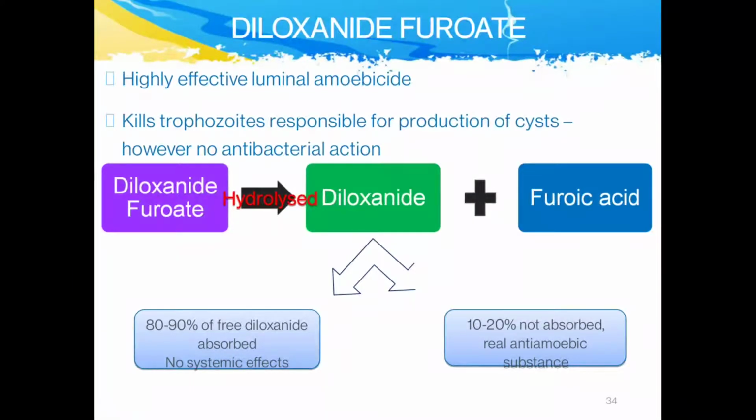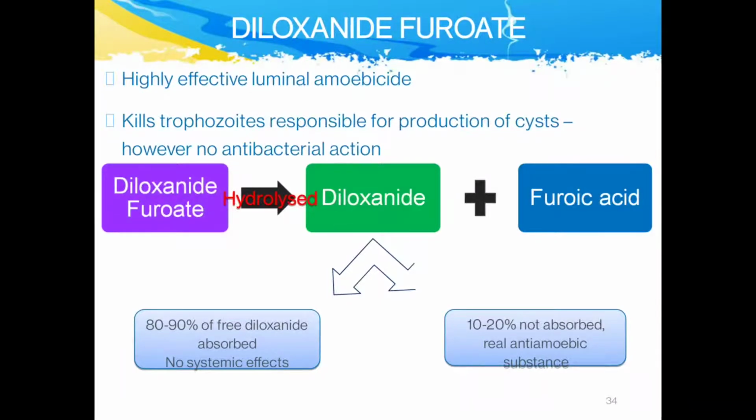Diloxanide furoate is a highly effective luminal amoebicide. It kills trophozoites responsible for production of cysts, however it has no antibacterial action. Diloxanide furoate is hydrolyzed into diloxanide plus furoic acid.